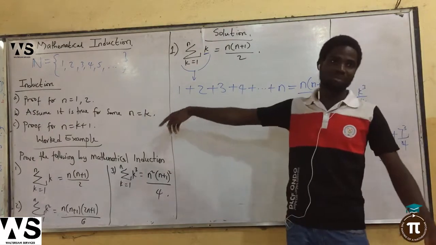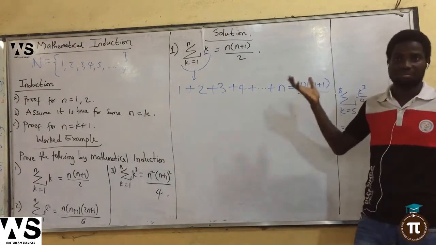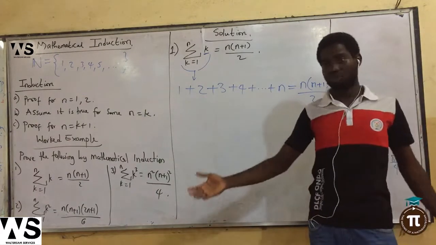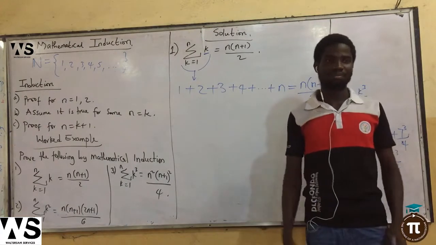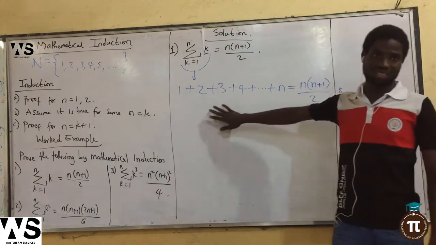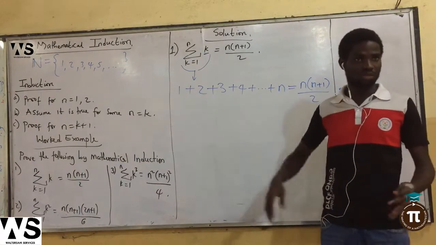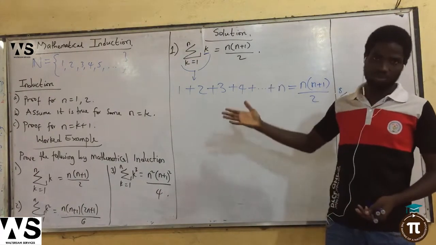First term is 1, common difference is 1. If you use that formula to find the nth term, you get this. There are some other ways to also solve this question as well, but let us not move out so soon. Now, we want to prove by induction. Do you understand?